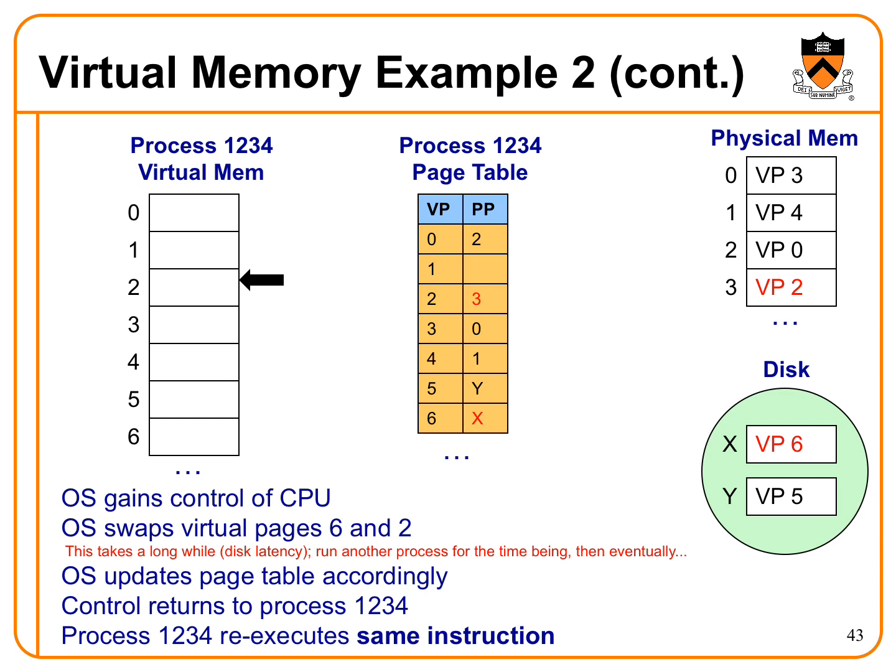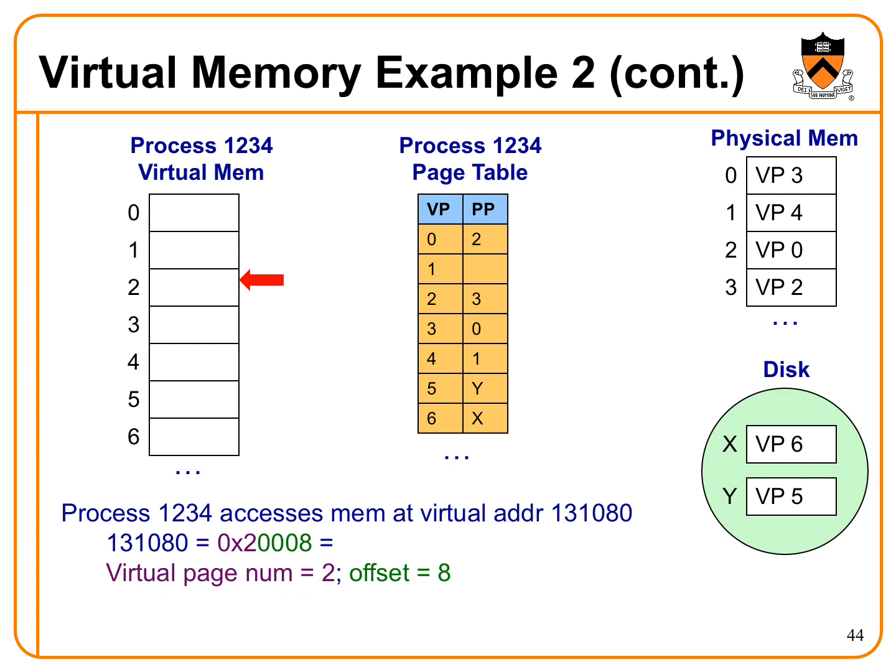Realistically though, this OS work takes approximately forever in the context of a running processor, so in practice there will almost certainly be a context switch away from our process while the OS does its thing. So, back in our process eventually, we again try to access virtual page 2, just as we did before.